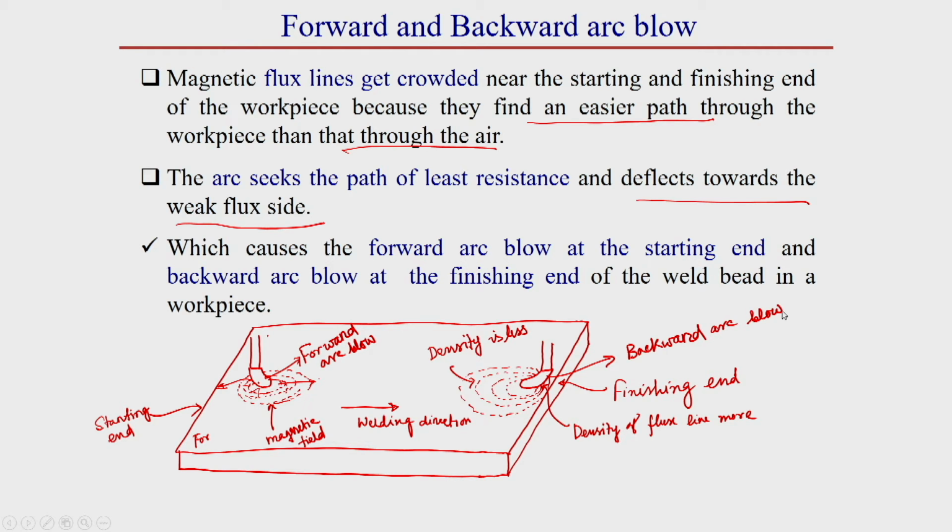So why it occurs, that we understand. It occurs due to the crowding of magnetic flux lines near the starting end and finishing end of the weld line. These two different types of arc blow occur.